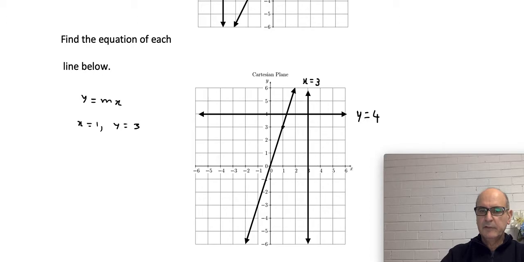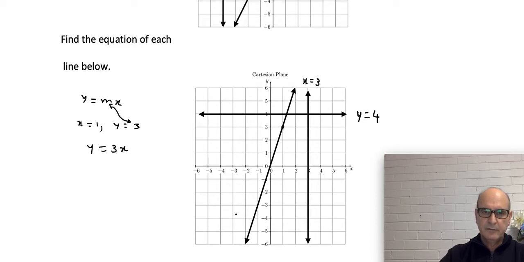Wherever x is 1, look at the y value, which is 3. So then that m is going to be 3. So the equation of this line is going to be y equal to 3x.